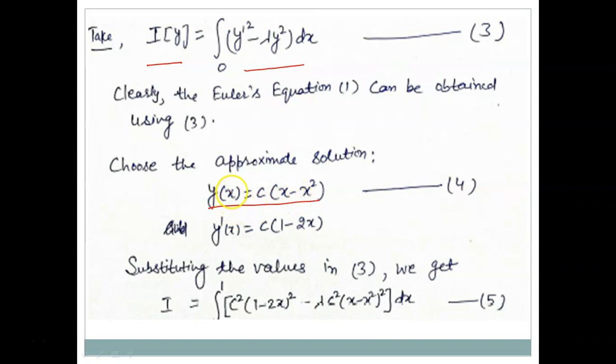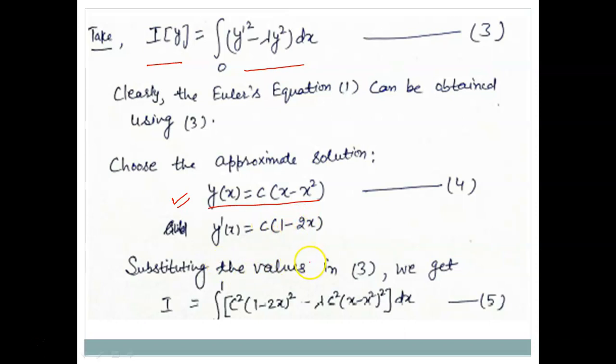If I put x equal to 1, then 1 minus 1 is again 0, so y(1) is also 0. So this choice of approximate solution is okay. Now we find the derivative: y'(x) = c(1 - 2x).